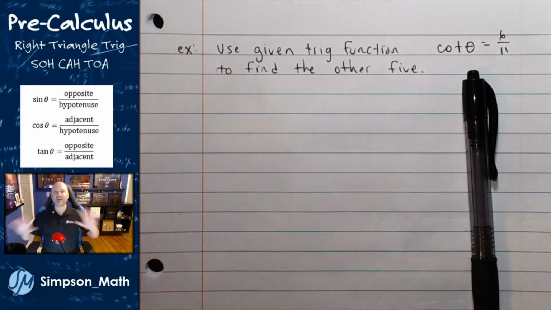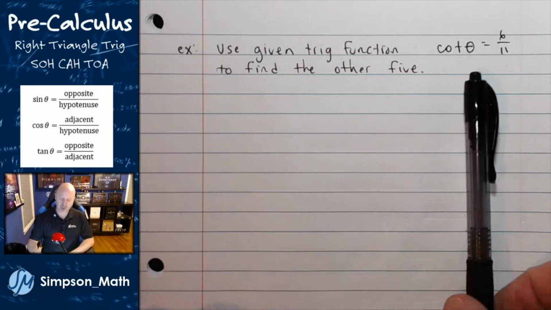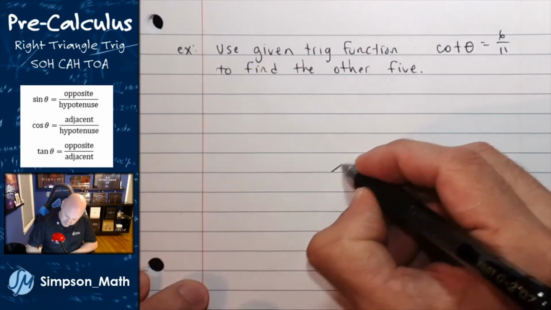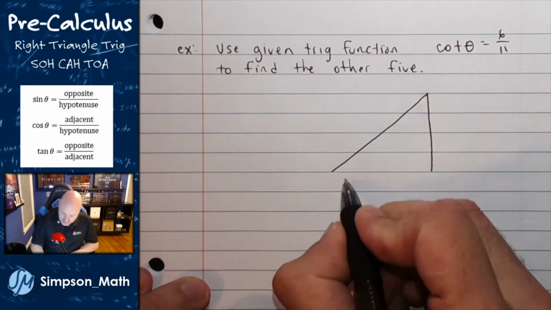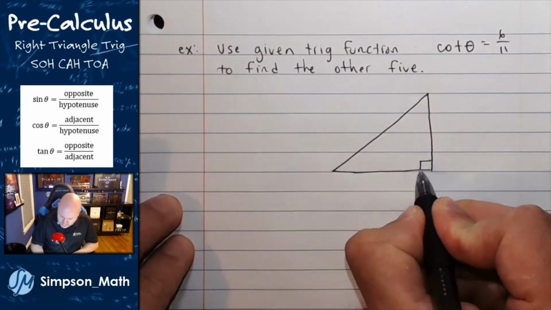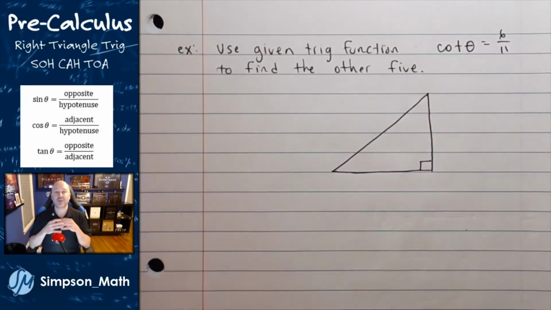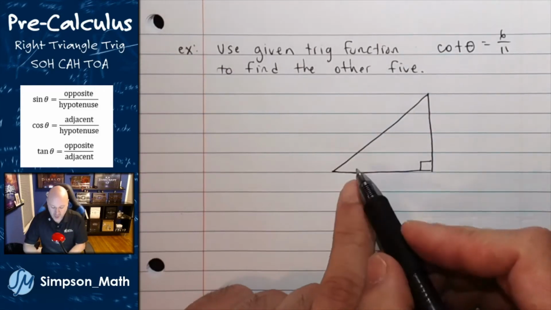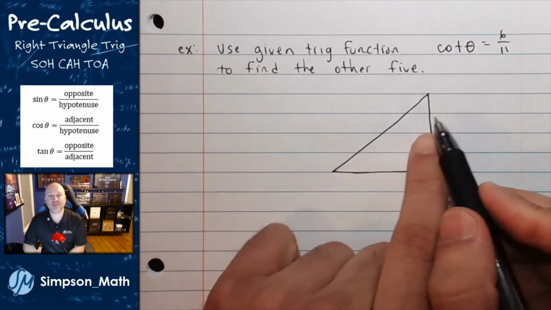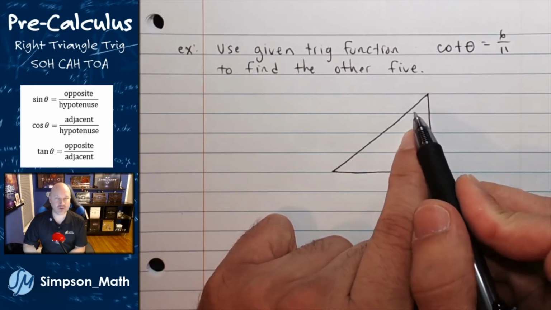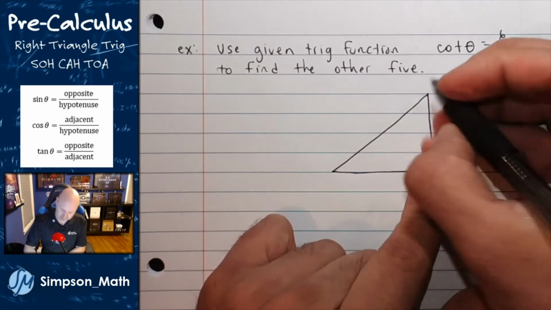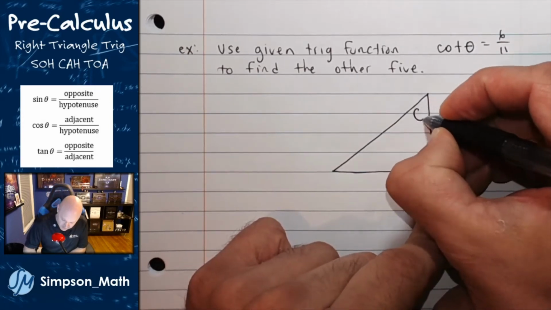We're not confined to the Cartesian plane. We're just talking about a triangle, a right triangle. So my first step is to draw a right triangle. The second step is to determine where that reference angle is. I'm going to put it somewhere different just to help solidify this right triangle trig or this SOHCAHTOA definition. I'm going to put the angle here.